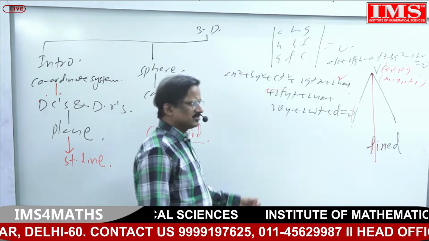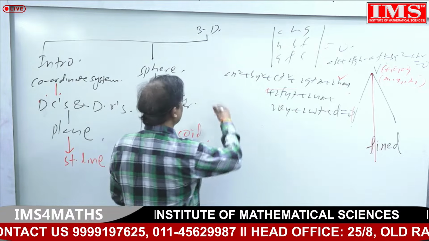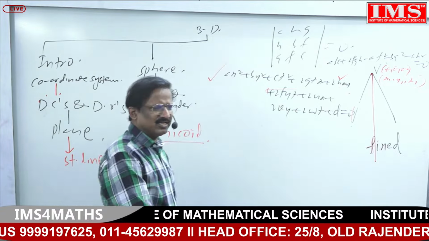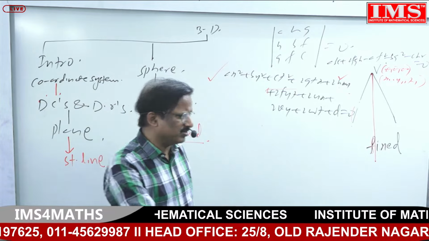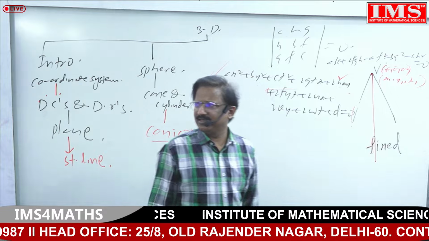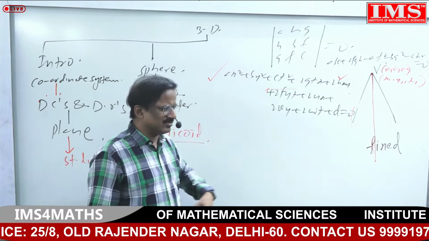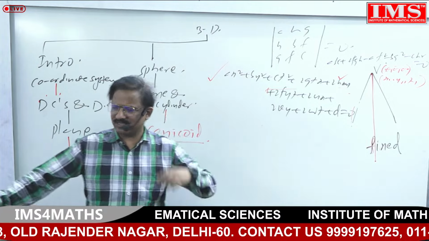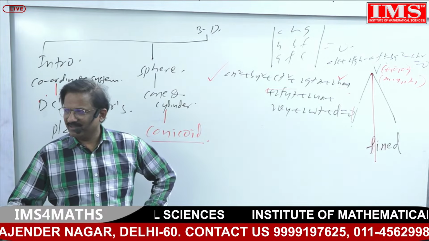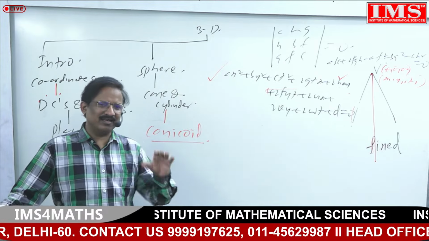Second, in this general equation, effectively how many arbitrary constants can you have? In general, you can find 10, but out of the 10, 9 can work effectively.